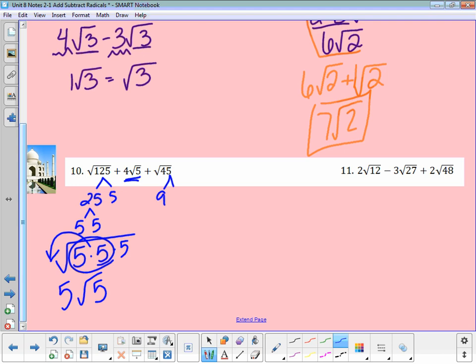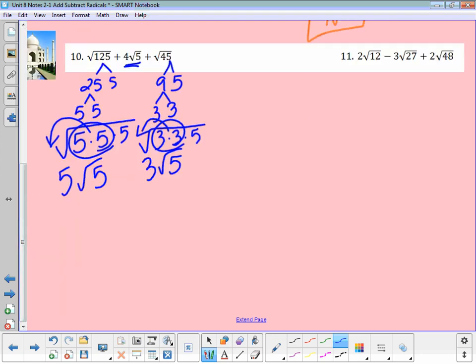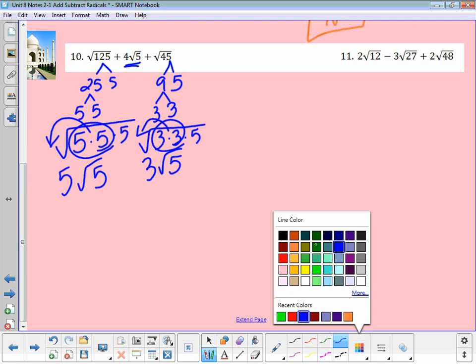So let's take a look at 45. We have 9 and 5, which breaks down to 3 and 3. So then we have 3 times 3 times 5. Take out a pair, and then we have 3 radical 5. Okay, so now we've simplified our radicals. Let's go ahead and write them out as an expression.